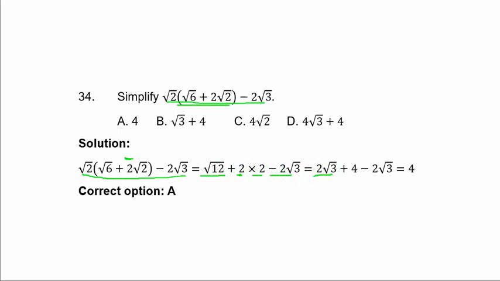If you multiply this, you have plus 4 minus 2 root 3. Okay, you have plus 4. If you multiply this, minus 2 root 3, this will cancel this. You have 4 remaining. So A is the correct option.